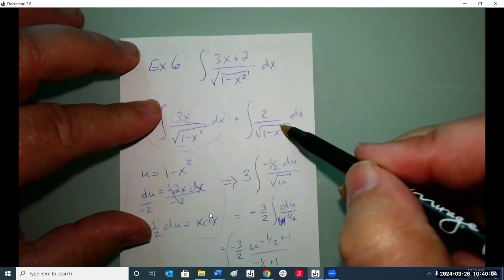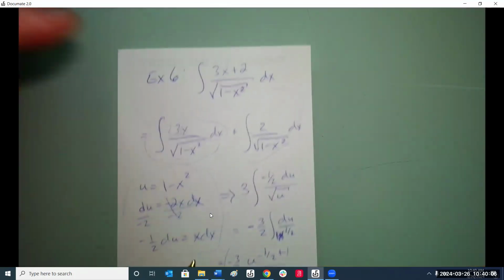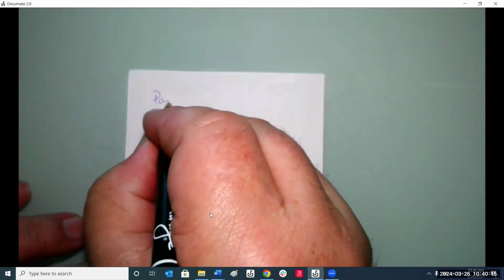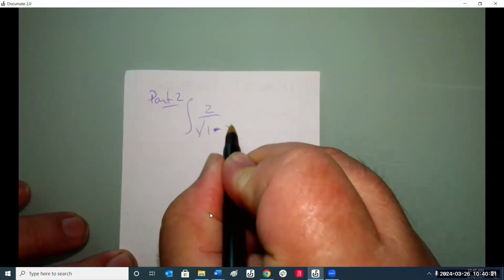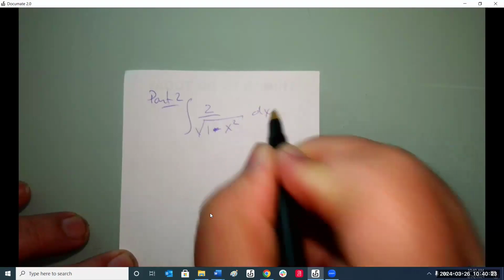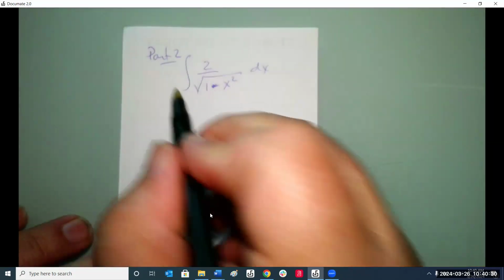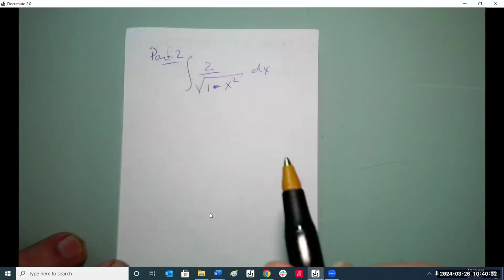Now we're going to look at the second part. In the second part, we have the integral of 2 over radical 1 minus x squared. What do we do here? So the 2 is a constant. It goes out in front.